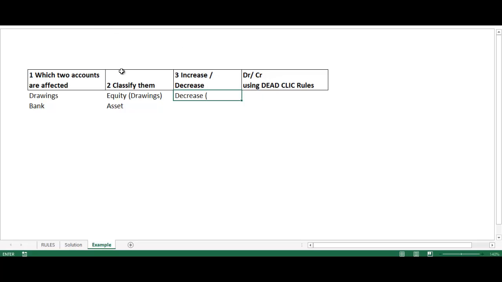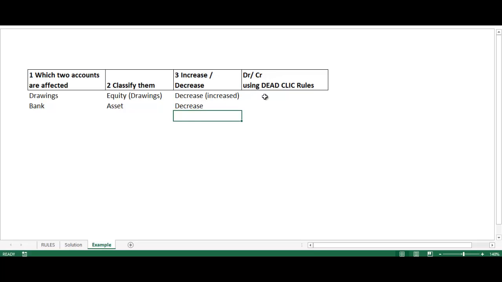All right, what happened to the drawings? The drawings actually increased. Right, so equity decreased, but drawings increased. Good. What happened to the bank? The bank account, remember the owner took money from the business. We need to look at it from the business perspective. The business lost money, so bank is going to decrease.